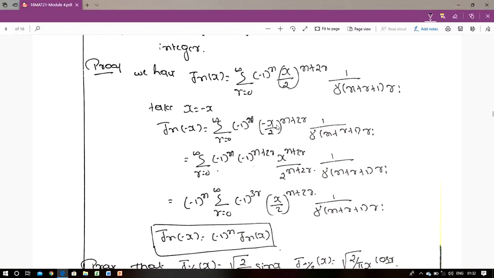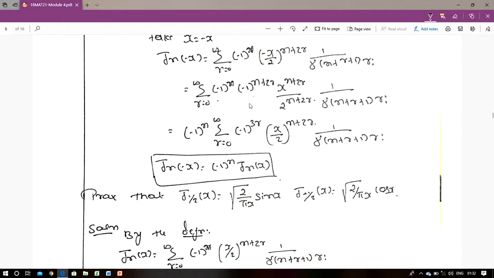Again we split x to the power of n plus 2r divided by 2 to the power of n plus 2r into gamma of n plus r plus 1 into r factorial. In this term the same base powers can be added. Then (minus 1) to the power of n is taken outside. This equation can be written as (minus 1) to the power of n into (minus 1) to the power of 2r.